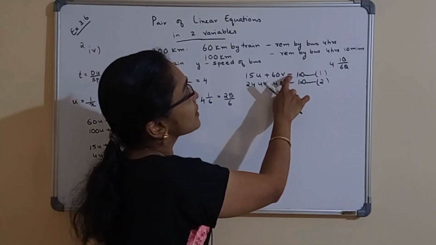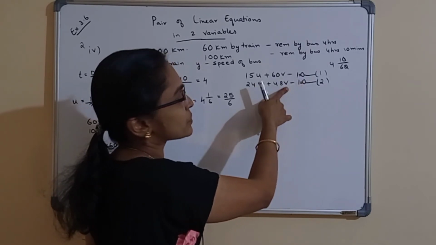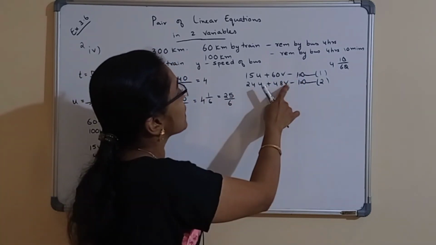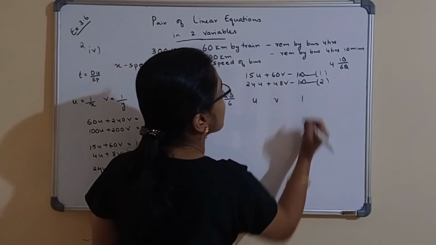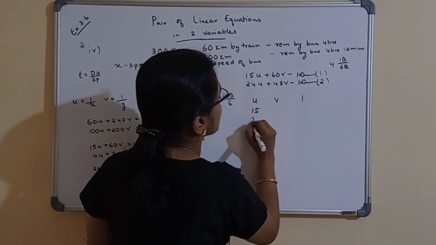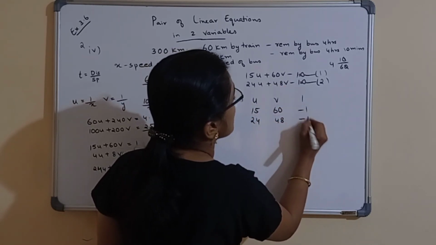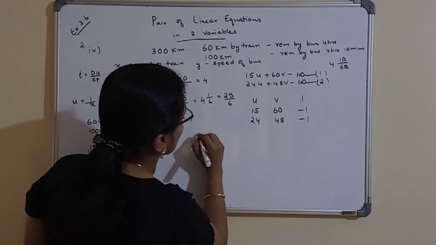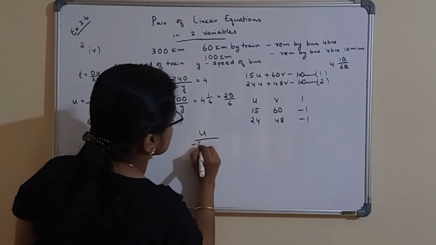For that we can write it as minus 1 is equal to 0 and take this 1 also to the left hand side. So it will become minus 1 equal to 0. Now u, v, 1 and 15, 24, then 60, 48 and minus 1, minus 1. Now u by 60 into minus 1 is minus 60.